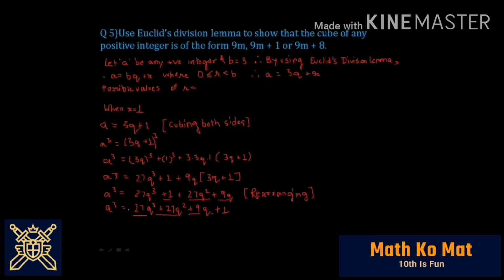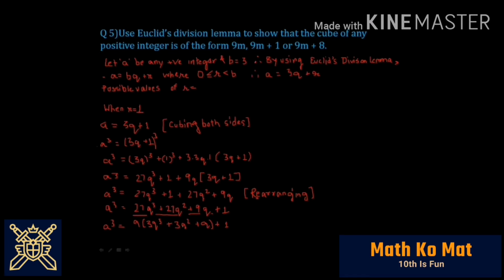Now taking all the terms with q coefficient together as m, and taking 9 out as common. So you will see the step that a cube would be 9 as common. 27 divided by 9 is 3, 27 divided by 9 is 3 again, so it will be 3q square.